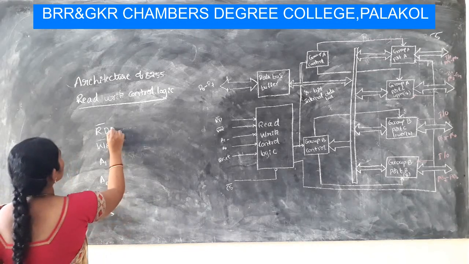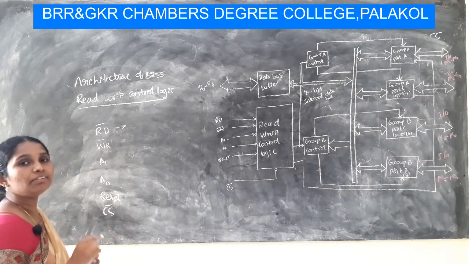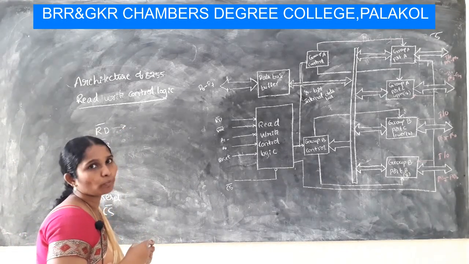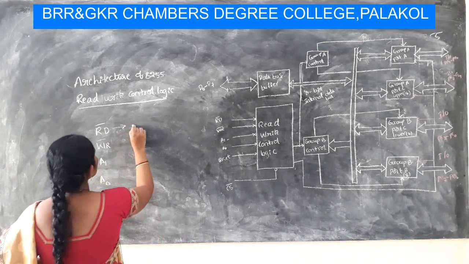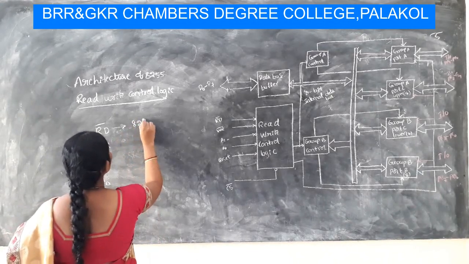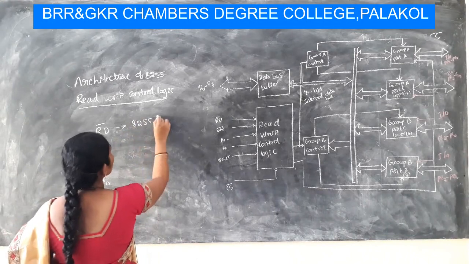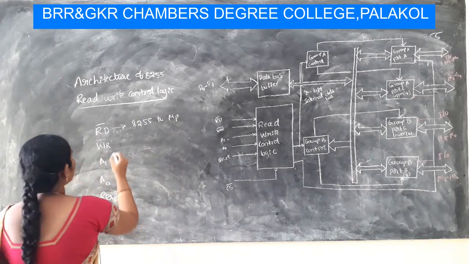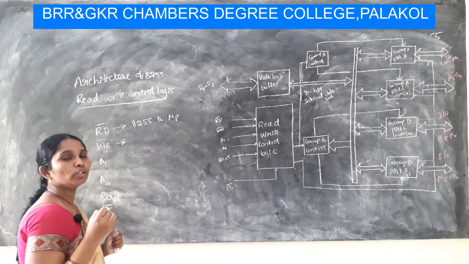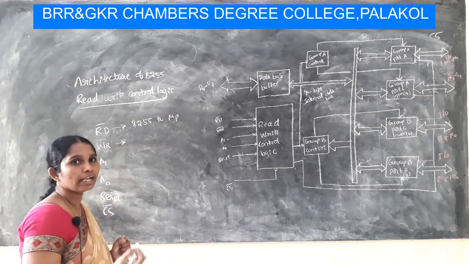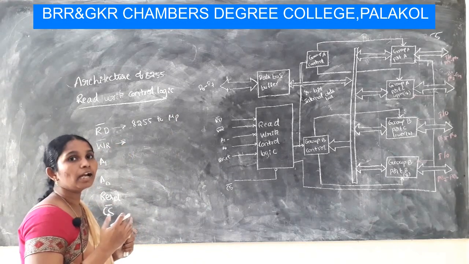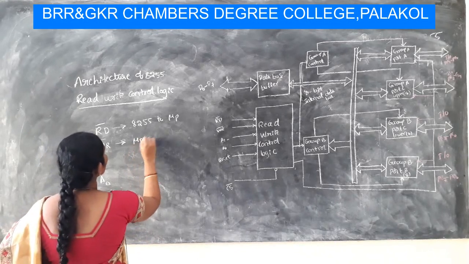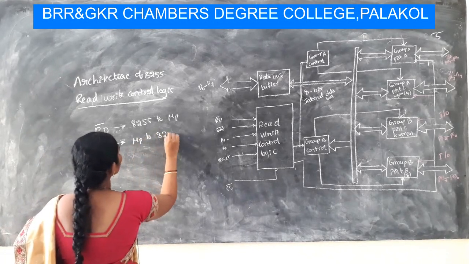Read is nothing but the 8255 sends data to the microprocessor. Write is nothing but the microprocessor sends data to the 8255.